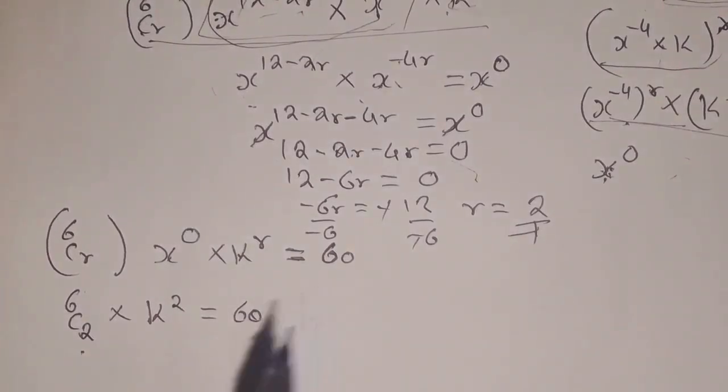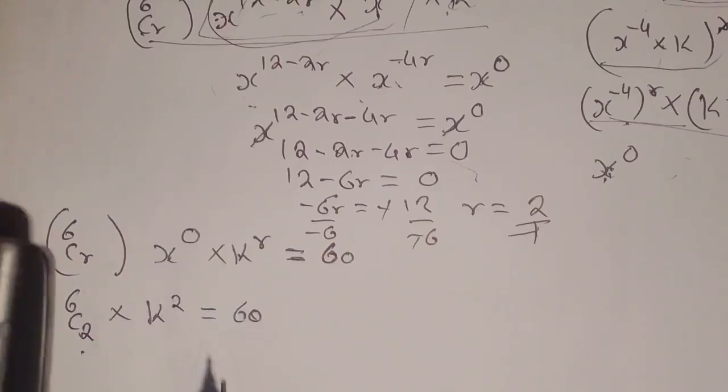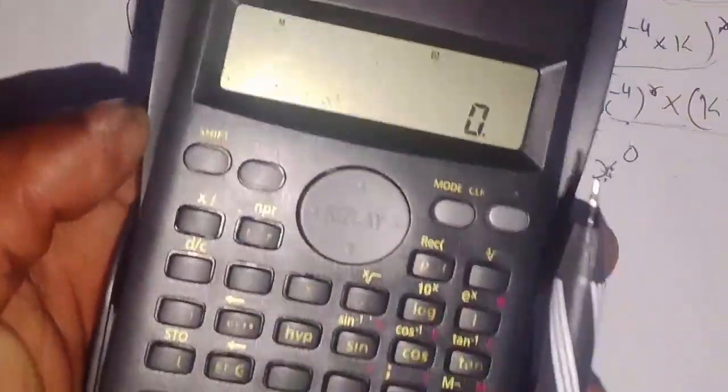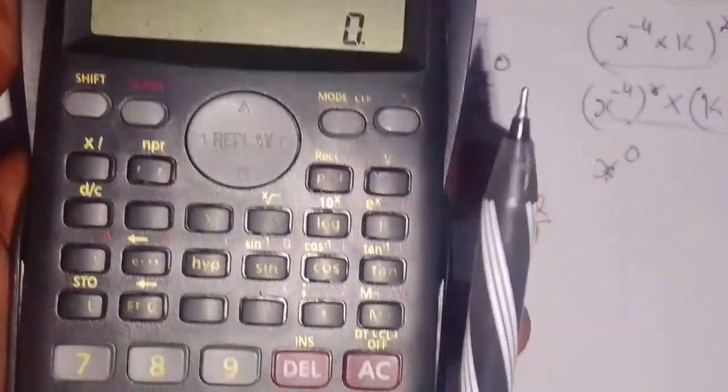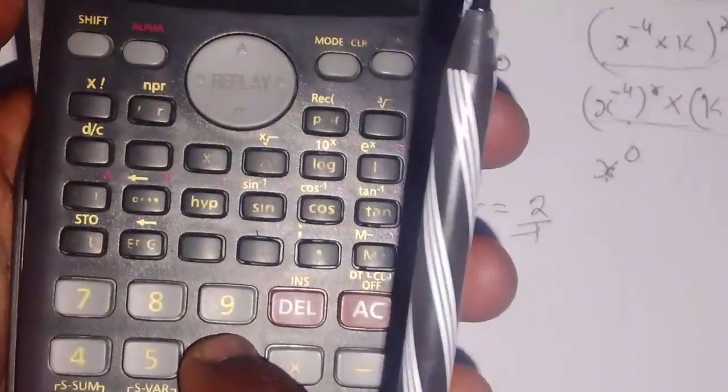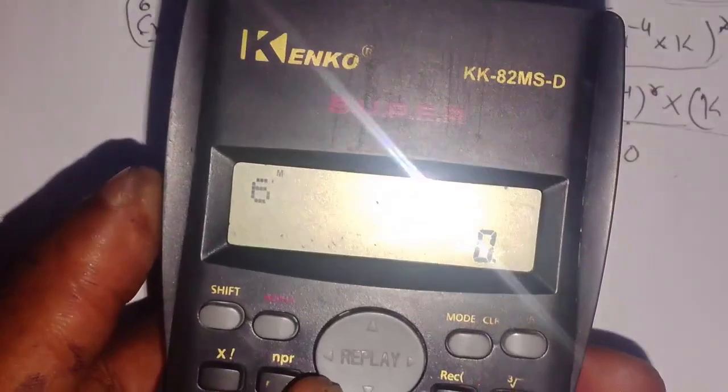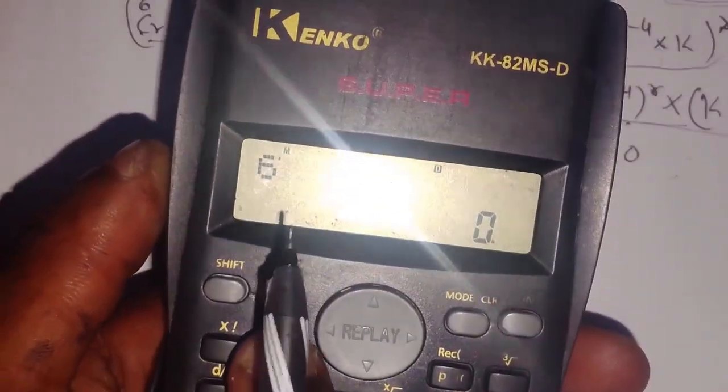So you just place on your calculator 6 choose 2. This you cannot do in your head, you will need a calculator. So you place on 6, and then choose. It's here, where there is choose.